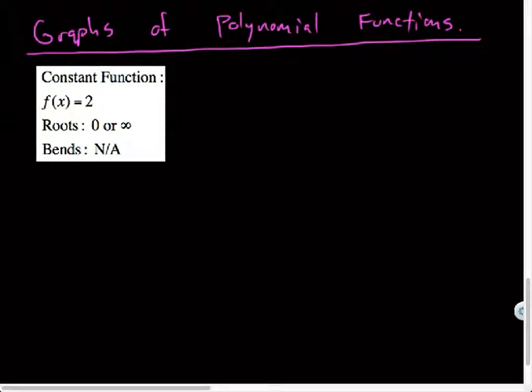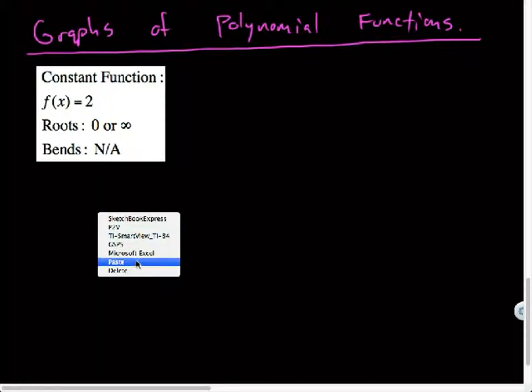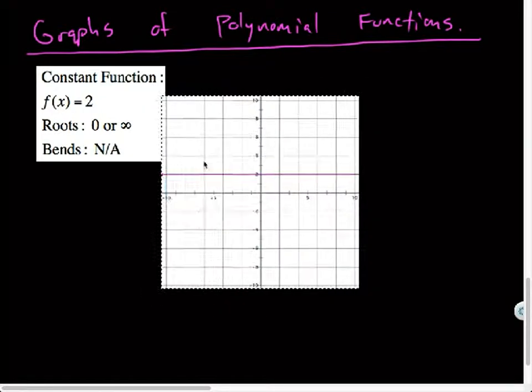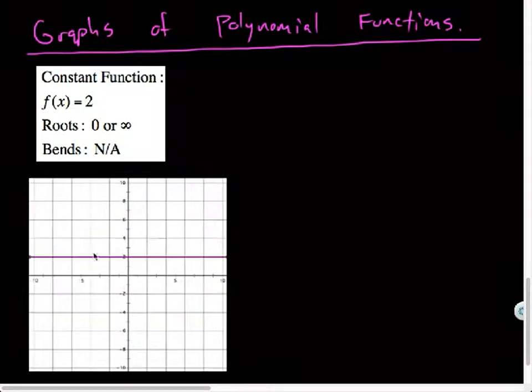A constant function is when there's no variable represented at all. For instance, if I had y equals 2, or in this case, f of x equals 2, you would end up just having a horizontal line, because the slope is 0.